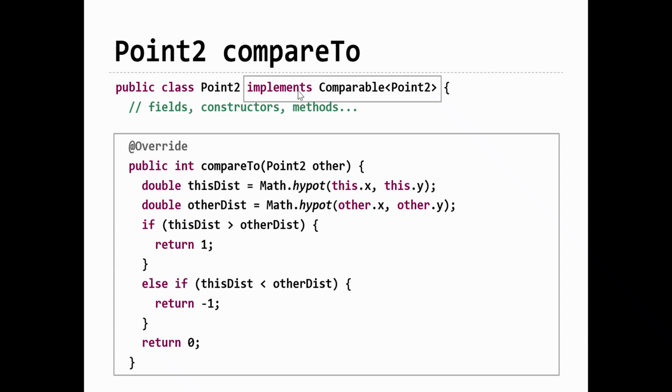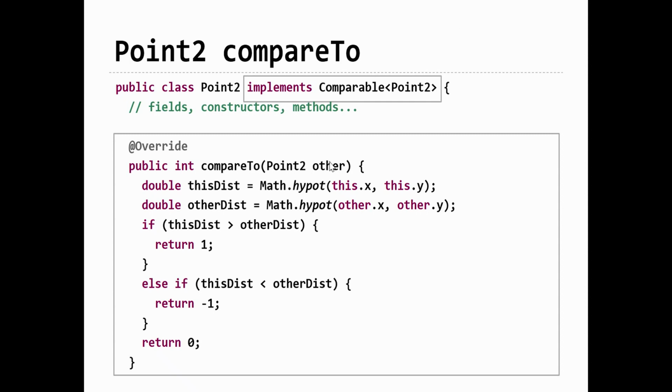As soon as you write that in, the compiler will look at your class and look for the compareTo method. If it's missing, it's going to tell you, hey, you say you're implementing the comparable interface, but you don't have this public int compareTo method. So number one, the compiler will tell you there's a problem.